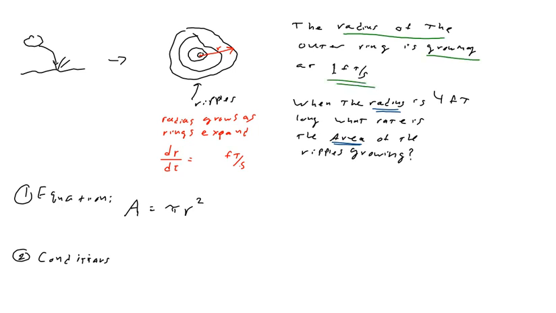So this is dr dt. So we know that dr dt is 1 foot per second. Given to us in the problem.